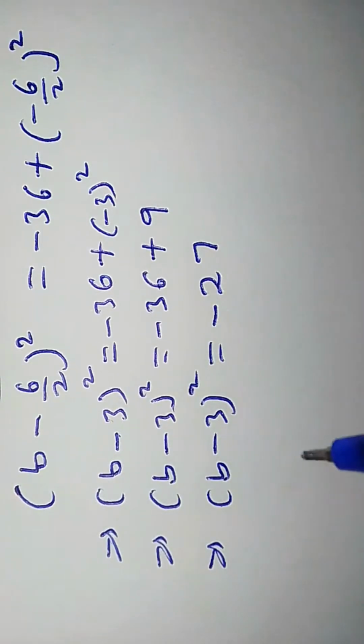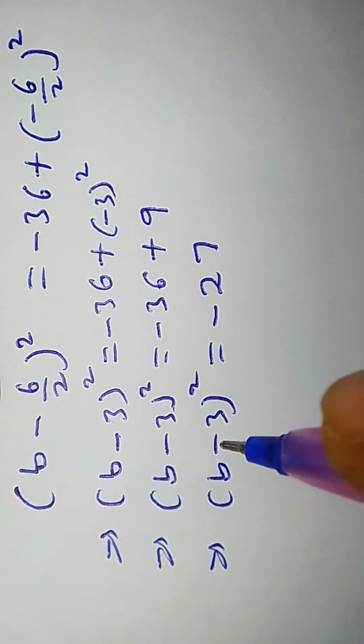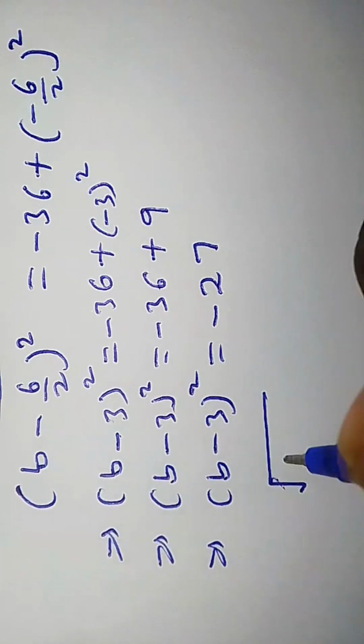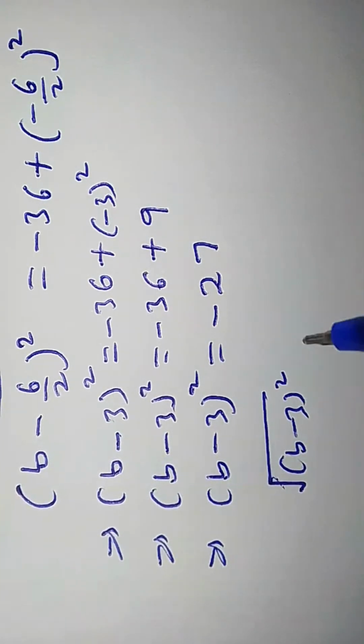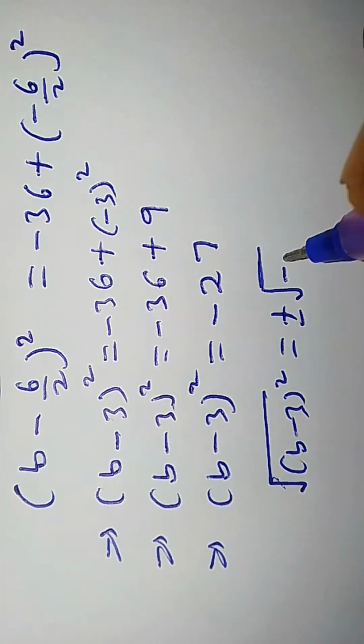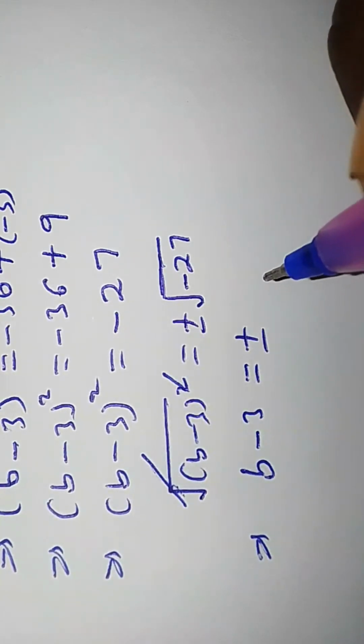Let's continue. Now, let us take square root of both sides. So that will be square root of b minus 3 all squared equal to plus or minus square root of minus 27. Because this is a constant, clearly this bigger square root takes care of this power. We are left with b minus 3 equal to plus or minus.